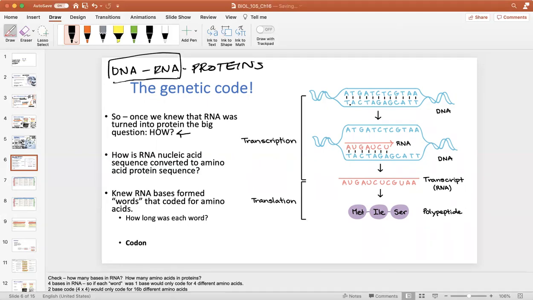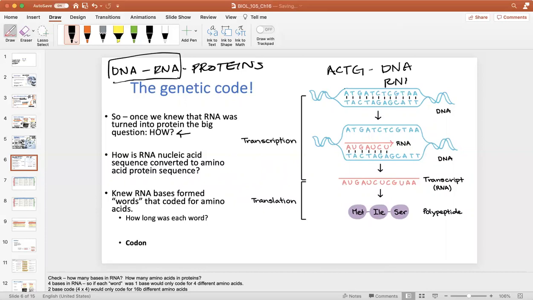And most scientists figured that somehow the nitrogenous bases, the A's and C's and T's and G's that are in DNA, which are then turned into, let me do this way. In RNA, we don't have A's and C's and T's and G's, do we?